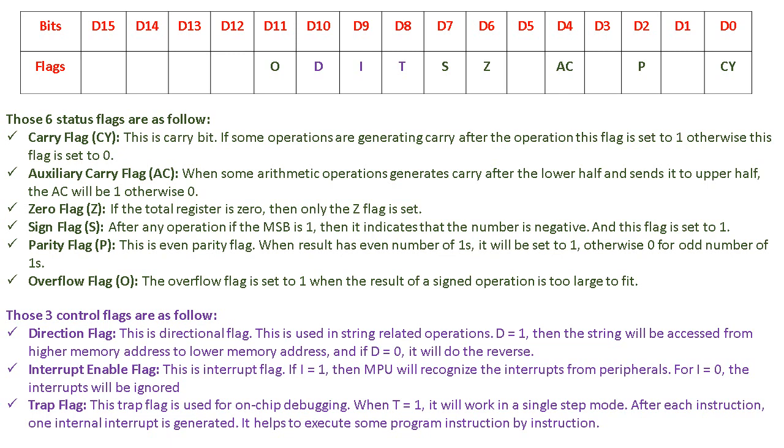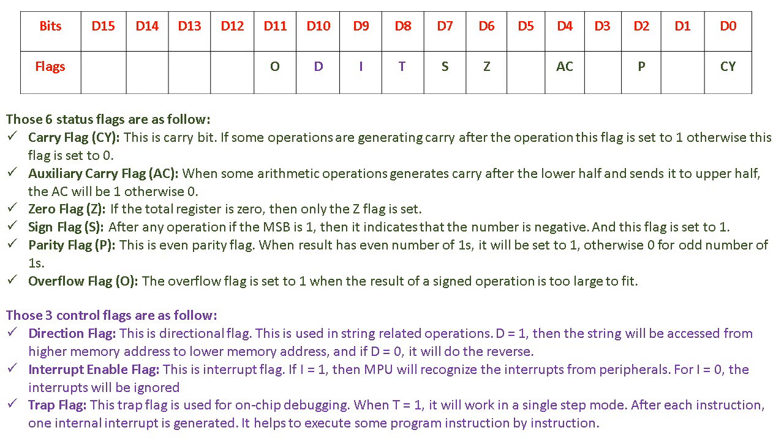So if the sign flag is set to 1, that means it is a negative number, so that carries the sign. If the sign flag is set to 0, then it is not a negative number.